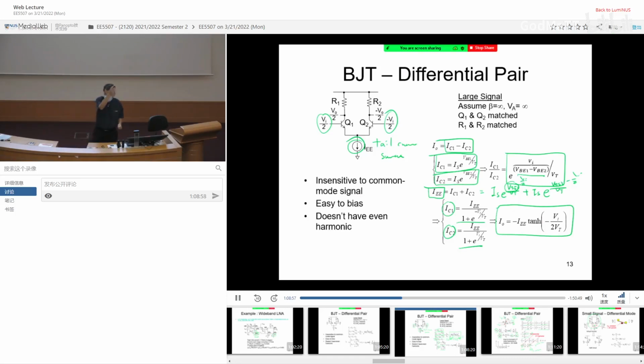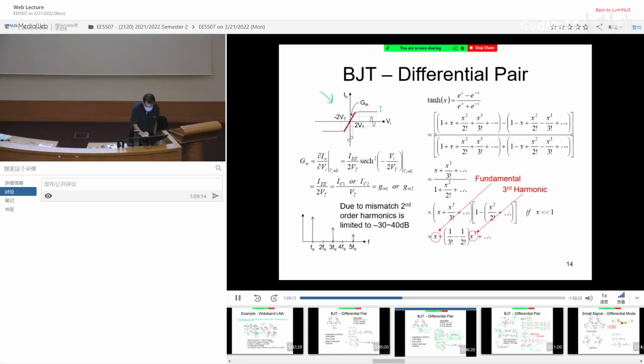So when you go to this side, because you use IC1 minus IC2, you have the fixed positive IEE. Now, if all the current switches to the other side, you have IC1 minus IC2 equal to negative IEE. In between is where it is switching.